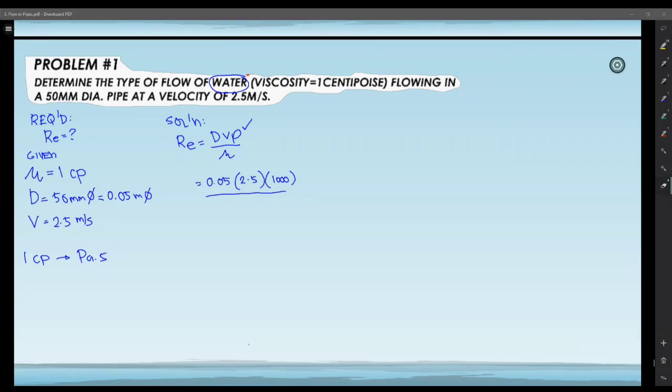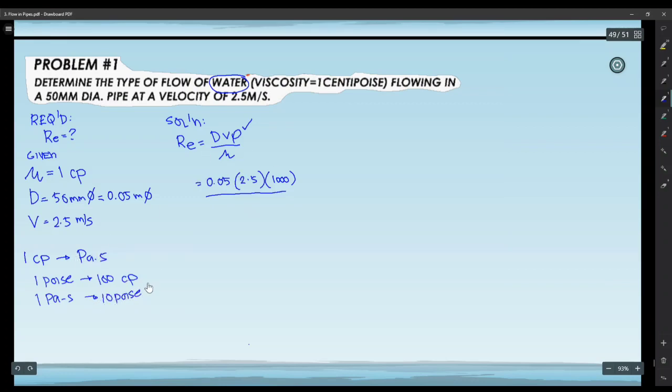So first, in 1 poise, there is equals to 100 centipoise. And in 1 Pascal second, there is 10 poise.